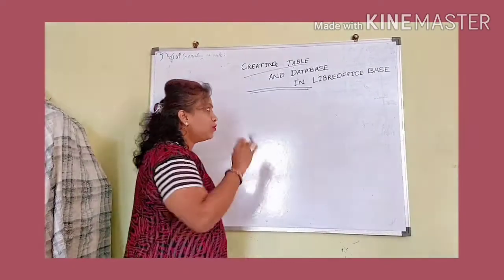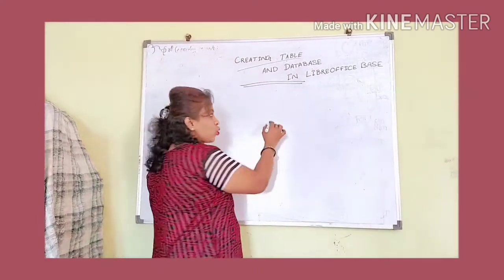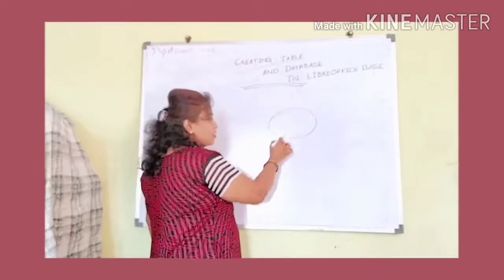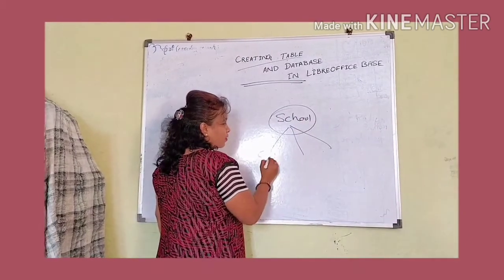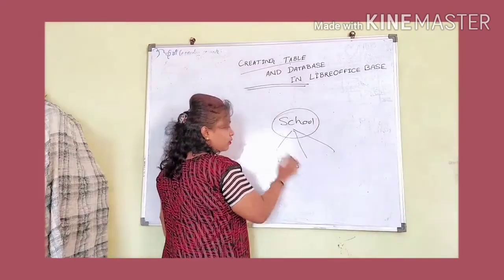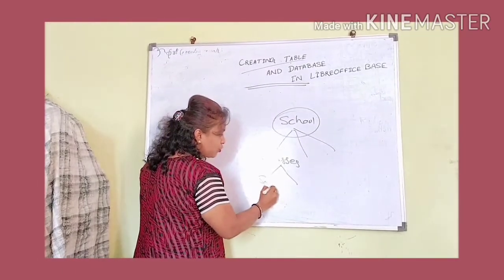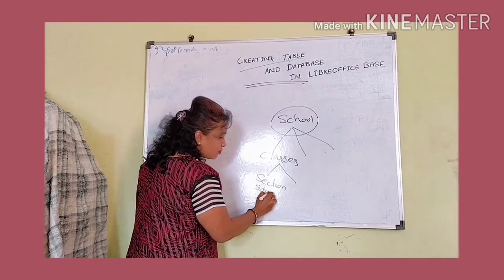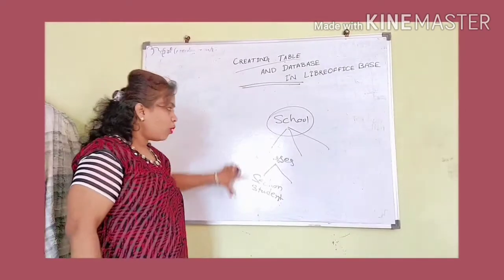See, first of all, if you want to take an admission, there must be a school, right? In the school, there must be some classes, right? And in a class, there are some sections which contain the students. Okay, think about this.